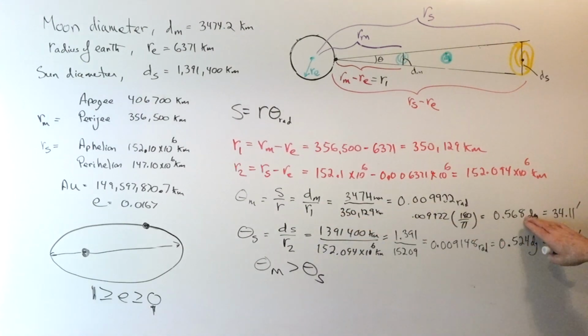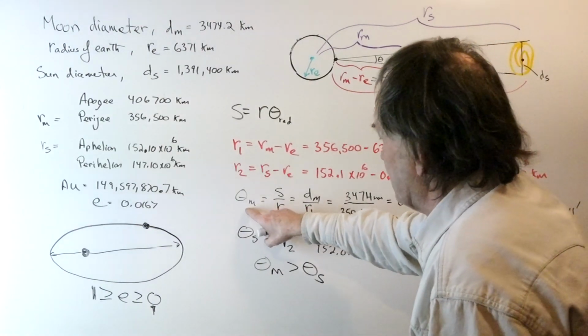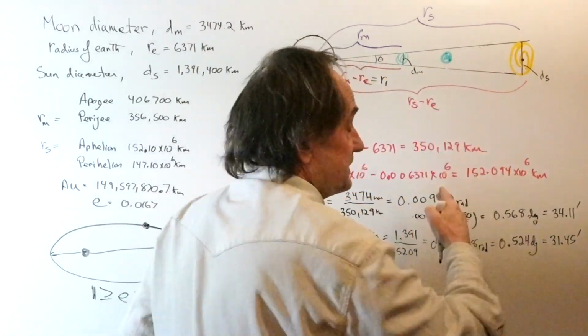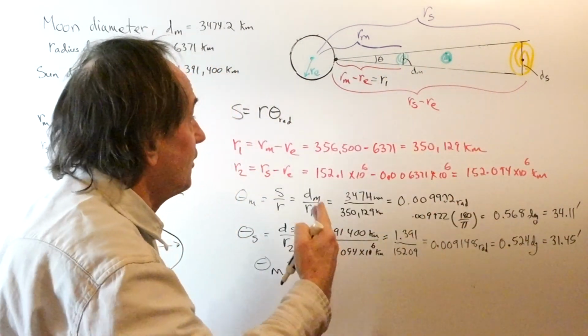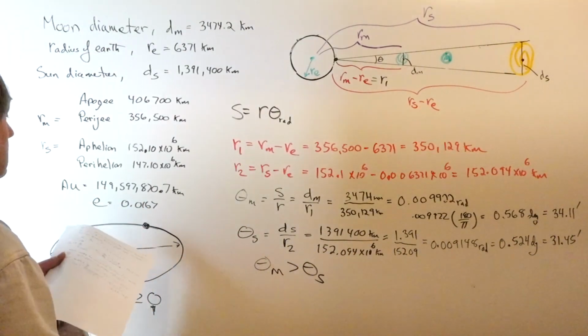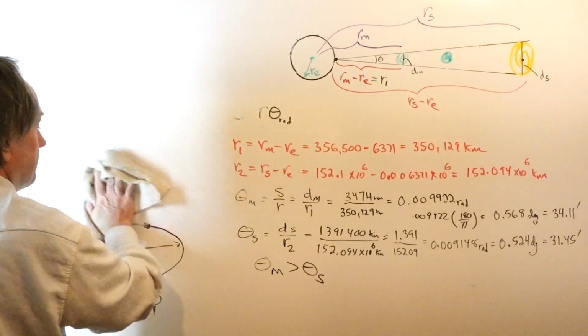Right now it's a little bit bigger than the sun. So what we're going to do is choose the angular size of the moon to equal that of the sun, and then compute the distance that the moon needs to be away from the Earth to give us that angular size. So we'll do that here.